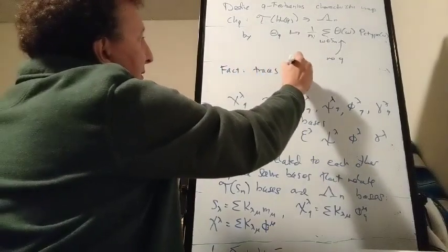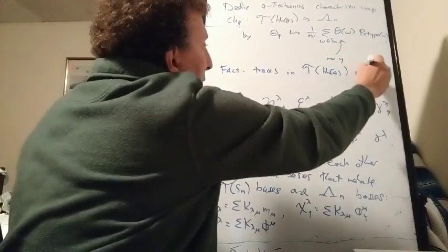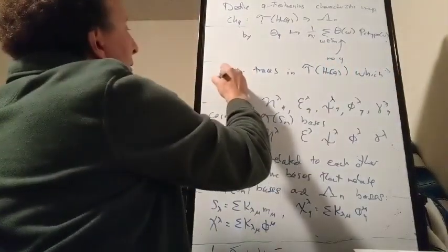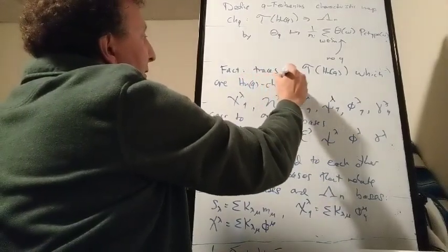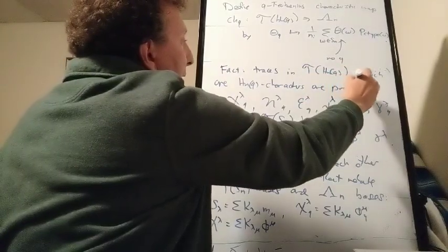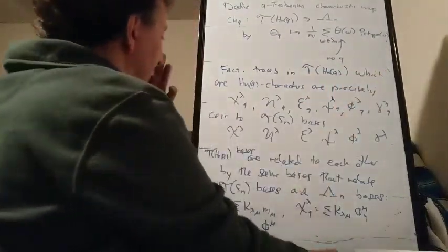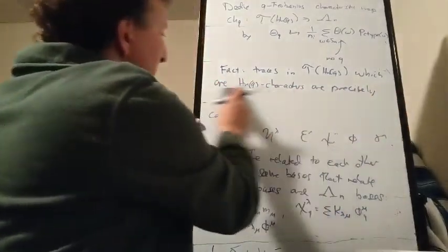So the traces in the Hecke algebra trace space which are Hecke algebra characters are precisely the non-negative integer linear combinations of the irreducible characters.